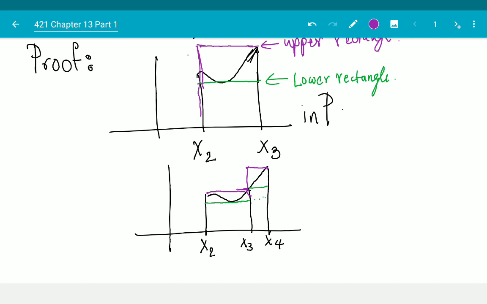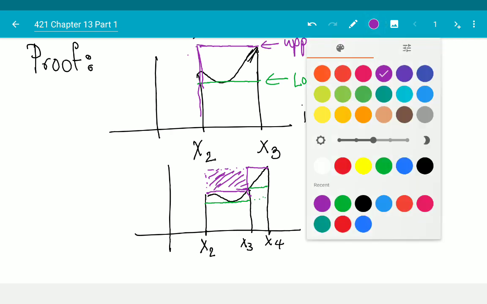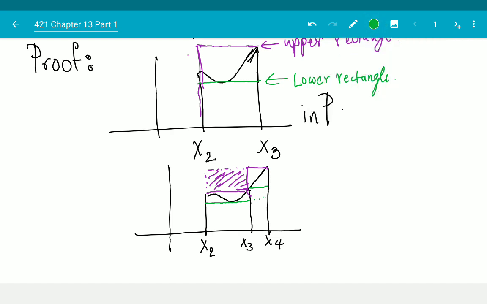Right? So for the upper rectangle, I am missing all this area, which I had in the previous case. And in my lower rectangle case, I have gained all this area, which I did not have in the previous case in Q, right?